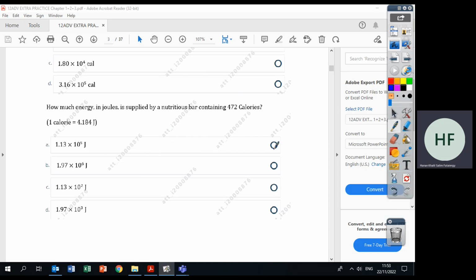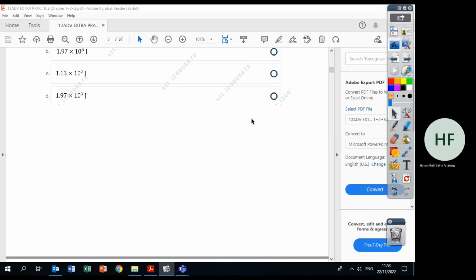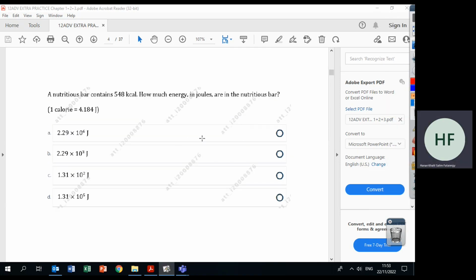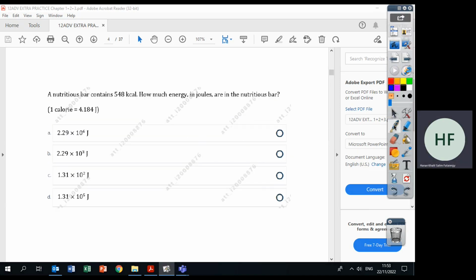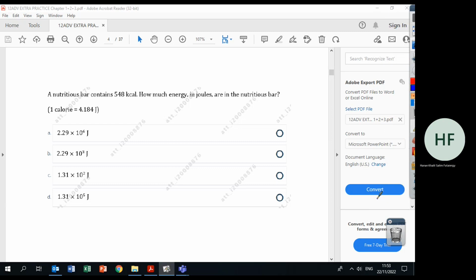Okay, yalla, now another question. Now this is a similar question, but here the new idea is that we have kilocalorie. How do I change kilocalorie into calorie? Of course this is very easy, so you multiply it by 1000.